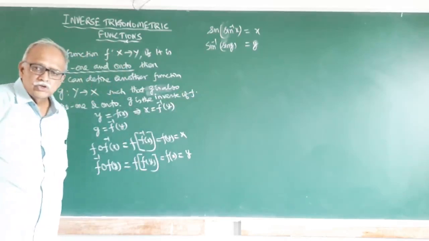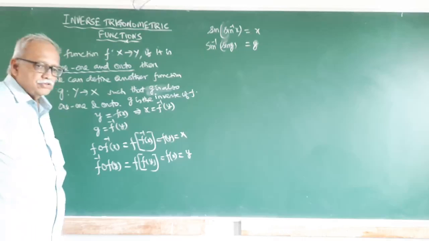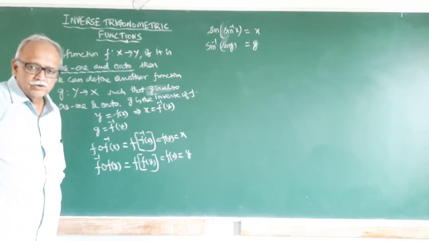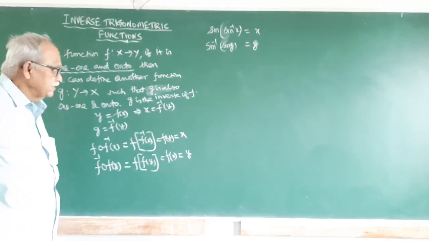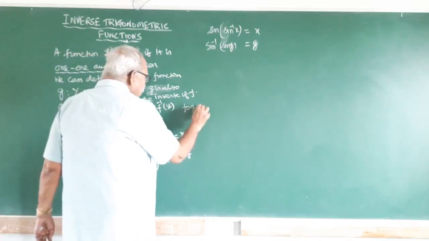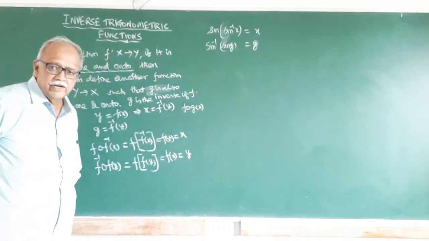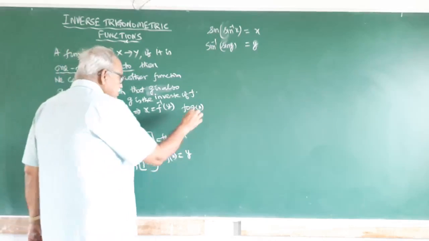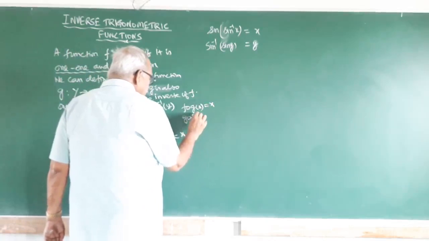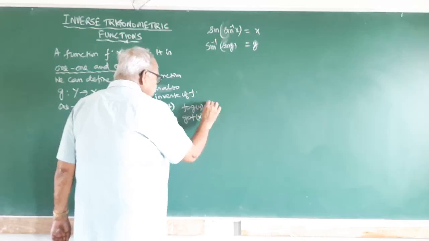In the books, what is the definition they give? They give it using composition of functions: f of g of x is equal to x, and g of f of x is equal to x, f of g of y is equal to y.